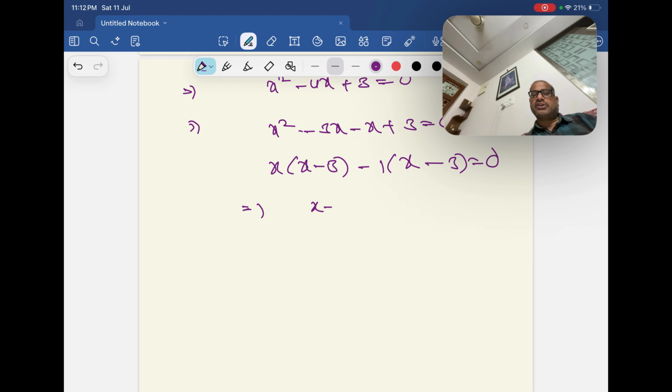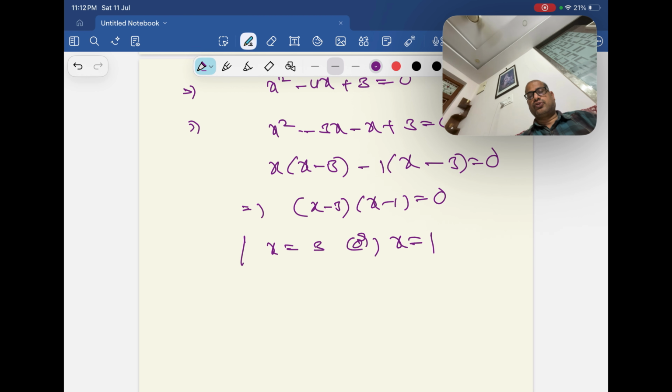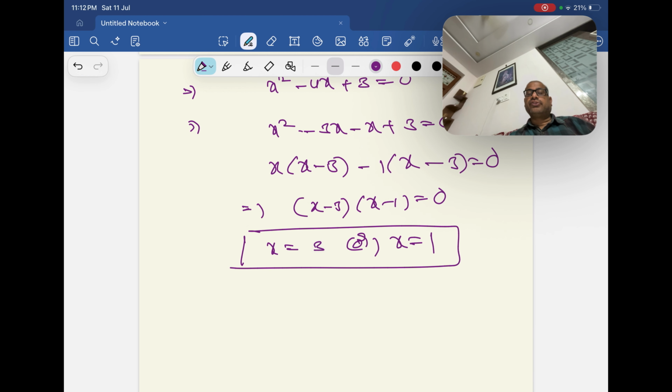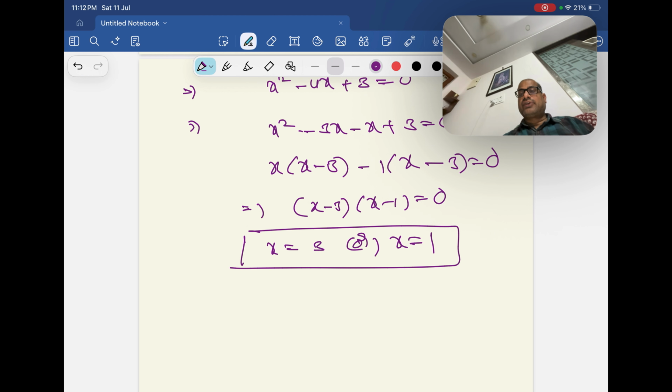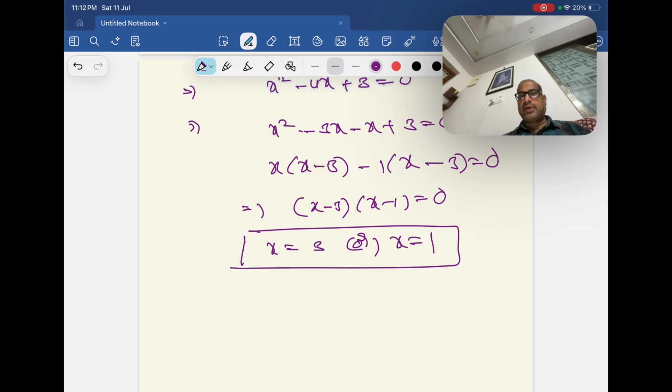If I take x minus 3 common, what will you get? x minus 3 into x minus 1 is equal to 0. So x will be either 3 or 1. So two values exist for x where the first derivative becomes 0. See, the first derivative of a function being 0 means the slope of the y-x graph is 0, both at maxima as well as minima.